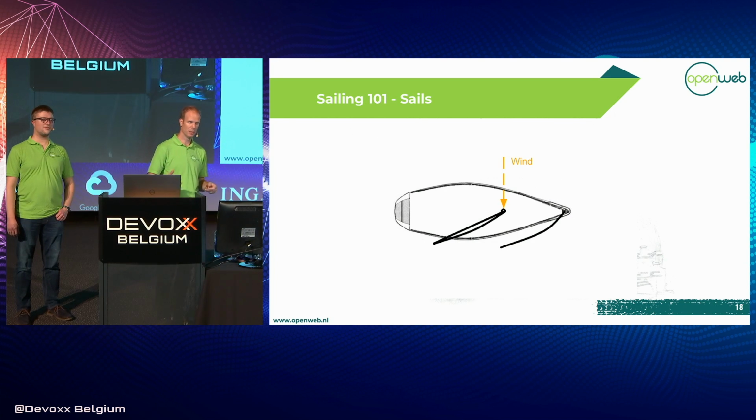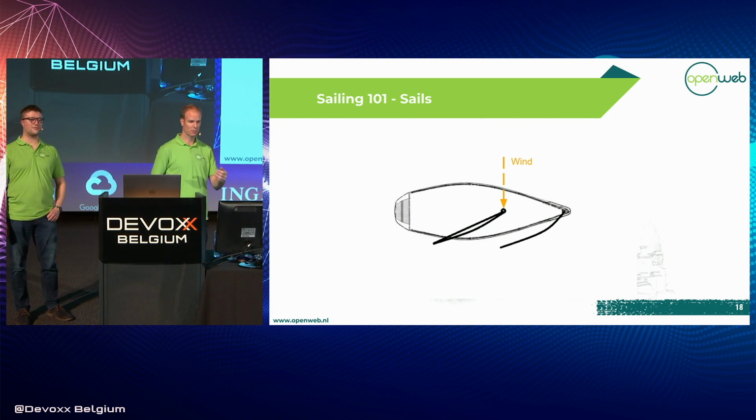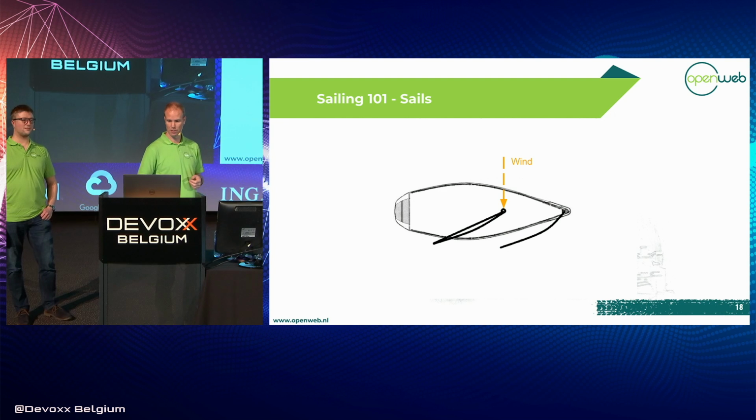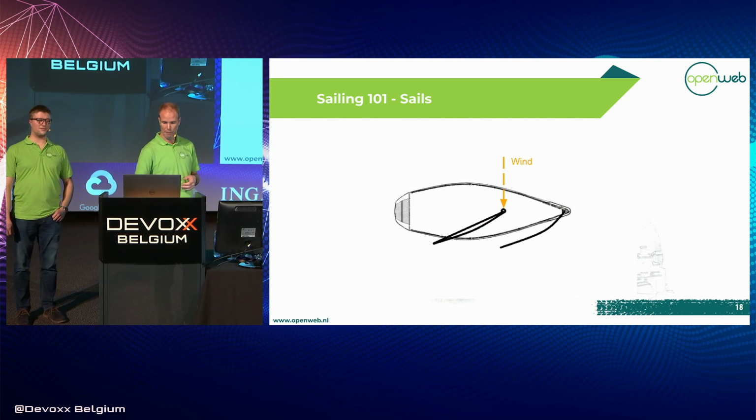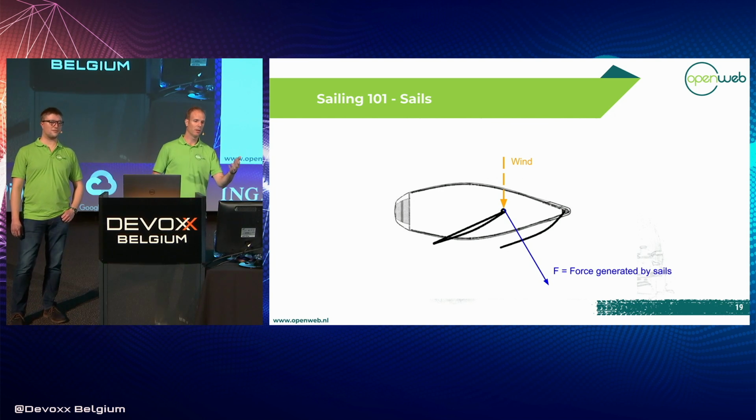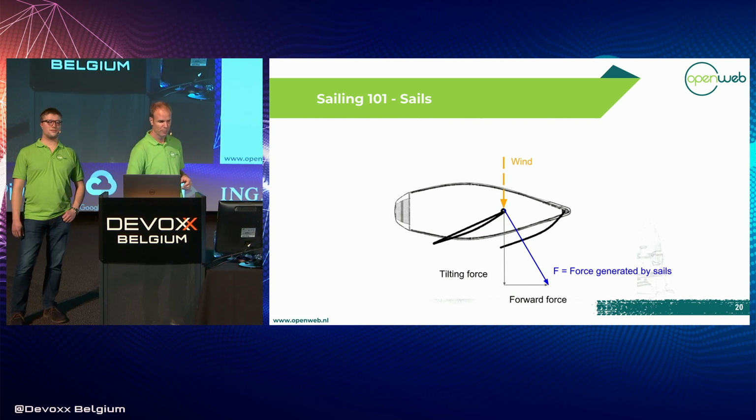And it works somewhat like this, explained in vectors. So suppose we have the wind direction from the side, then the force generated by the sails will look something like this blue vector here. It has 2 components: a sideways component which is tilting the boat, and a forward component which is what's propelling the boat forward.